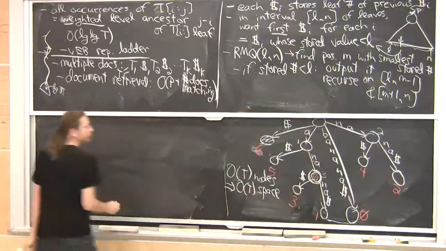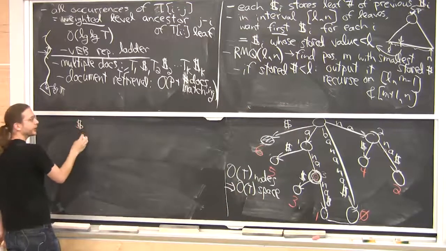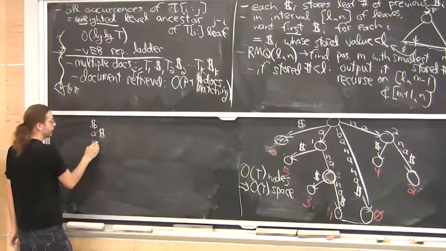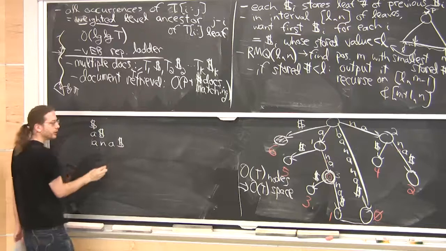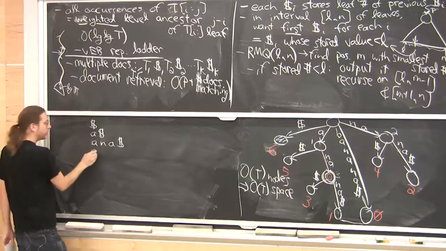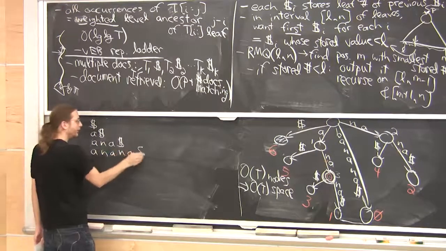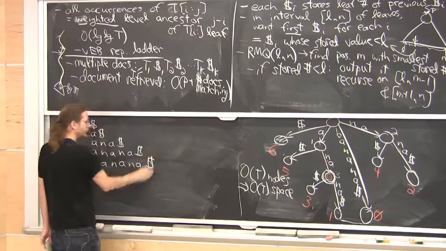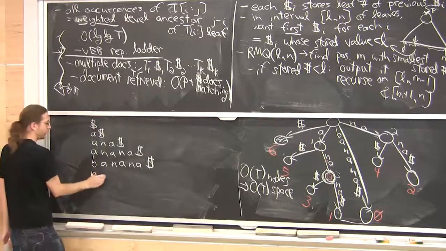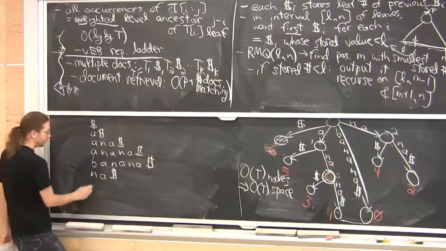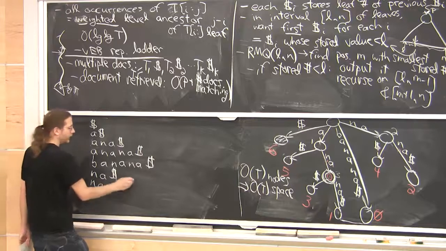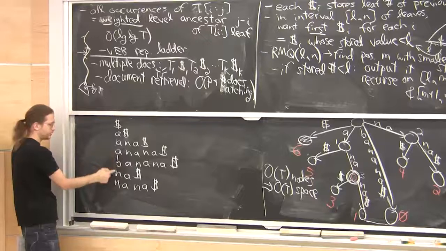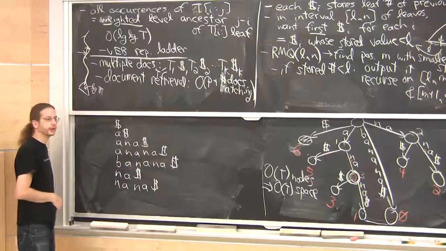So I'll just write that down over here. $, A$, ANA$, and ANA$, then banana, then NA$, then NA$. If you look at these, they are indeed in sorted order. $, A's, B's, N's, and everything is sorted here lexically.